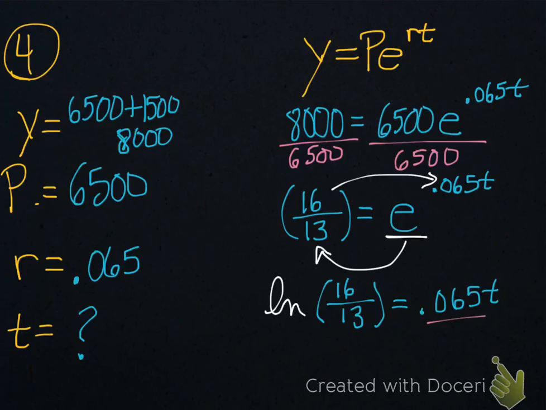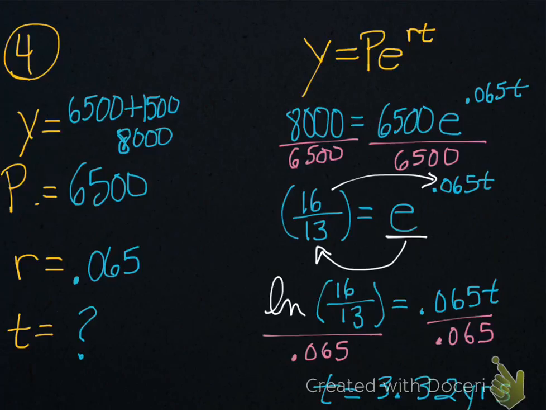Since ln is already a button in the calculator, I can plug that in and then just divide by 0.065. And what do we get? We have t equals 3.32 years. So in a little over 3 years, Mr. Campbell is going to increase his money by $1,500. That's not bad.